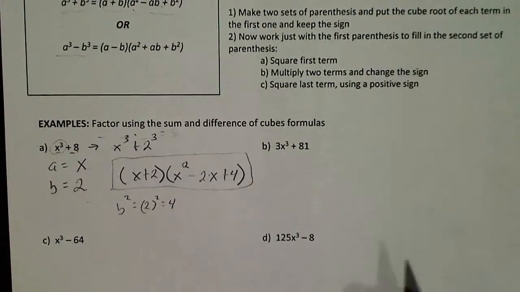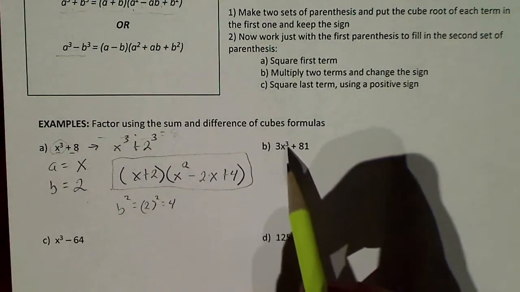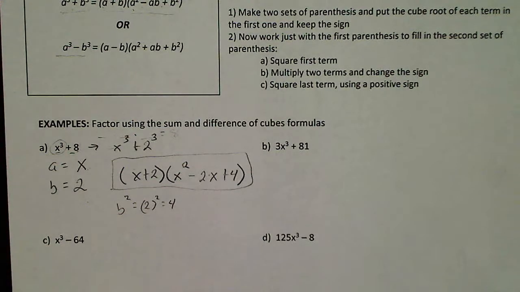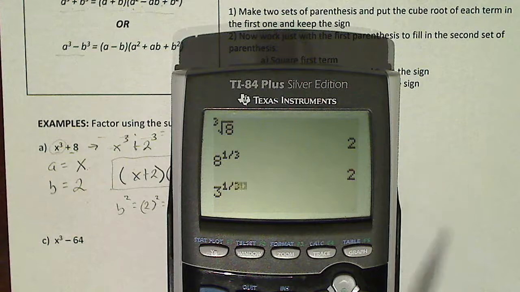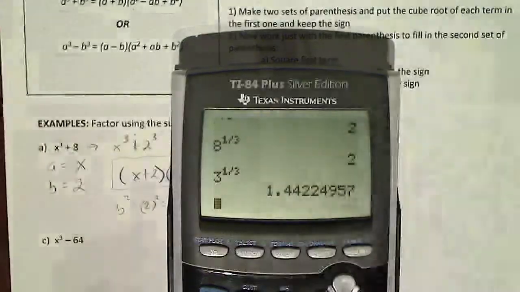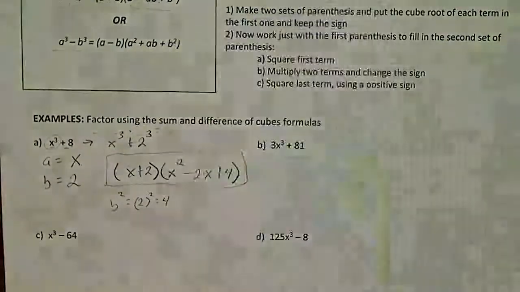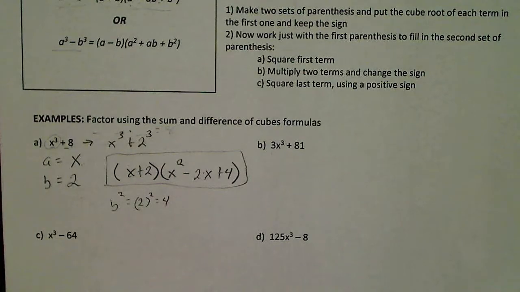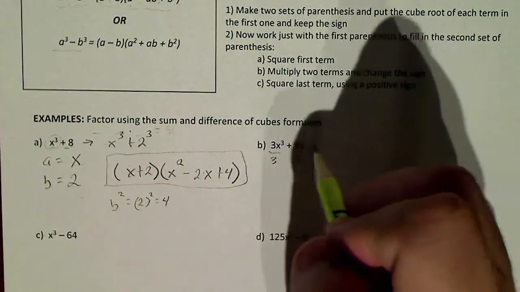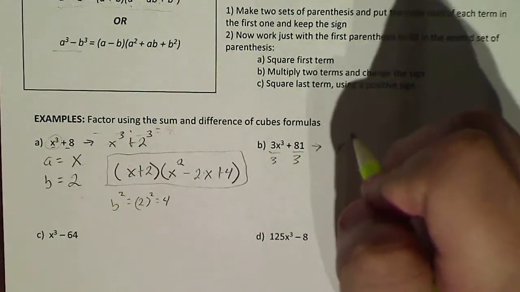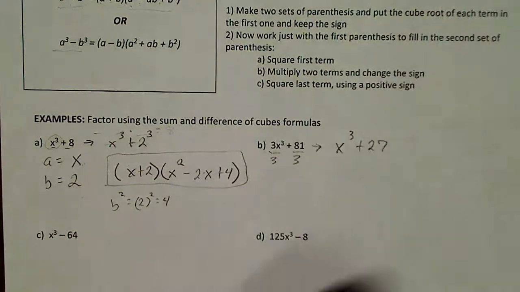So what happens when you have a number like 3? If I try to take the cube root of 3, it's going to give me an irrational number, a decimal, which I don't want. That probably means there's a GCF I can take out. If I divide both of these by 3, that gives me x cubed plus 27.